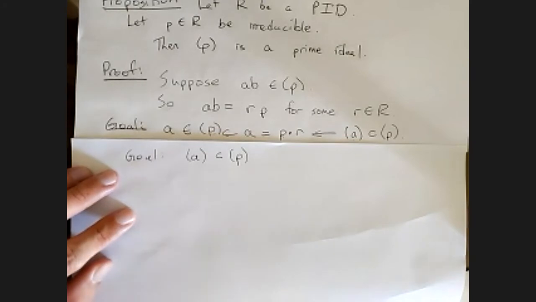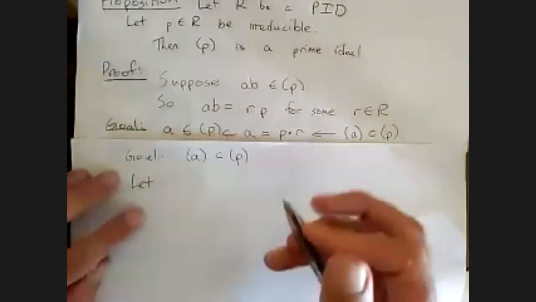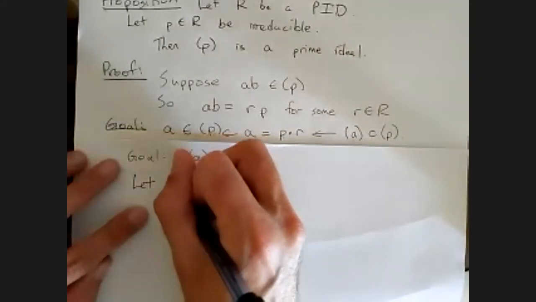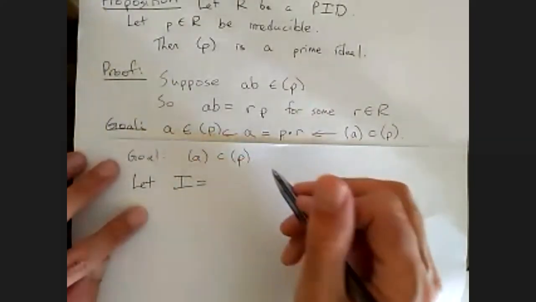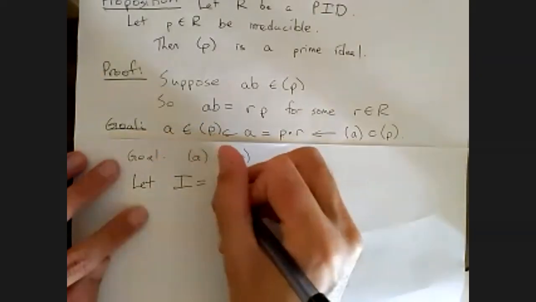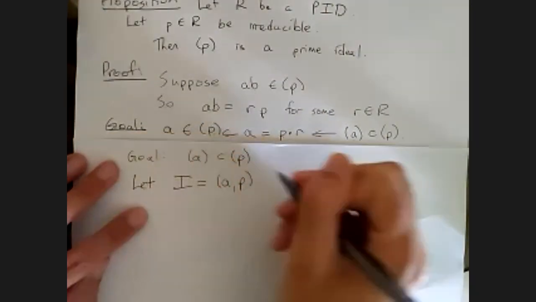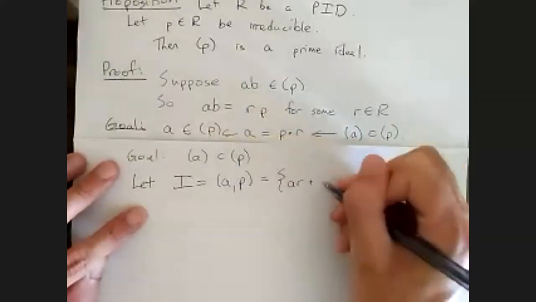Okay. So let's define a new ideal. This is going to be the ideal generated by A and P. In other words, this is the set of all things like AR plus PS.